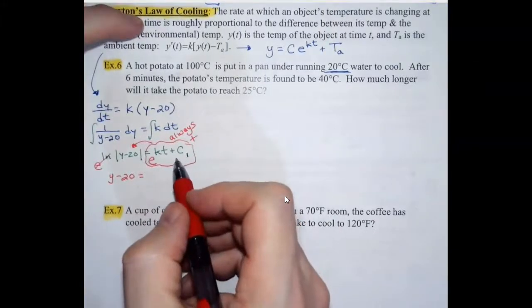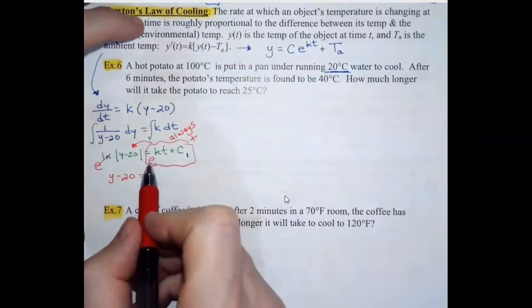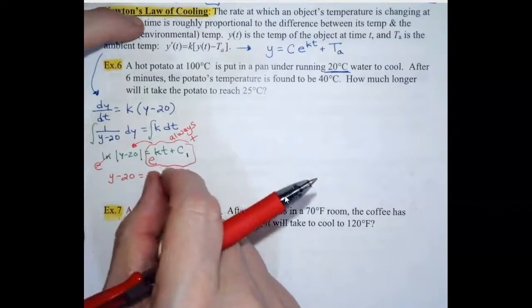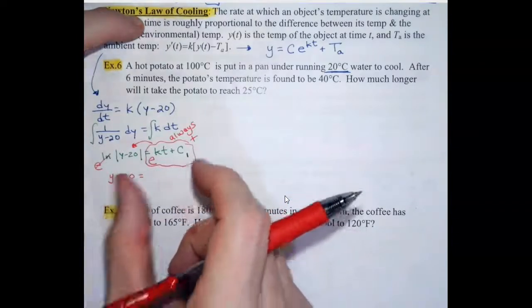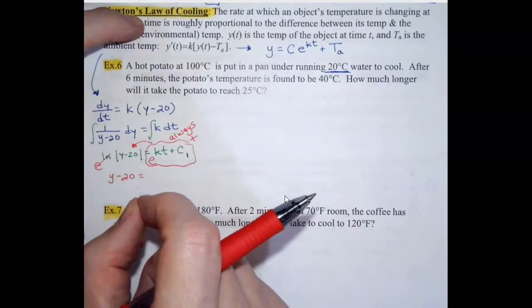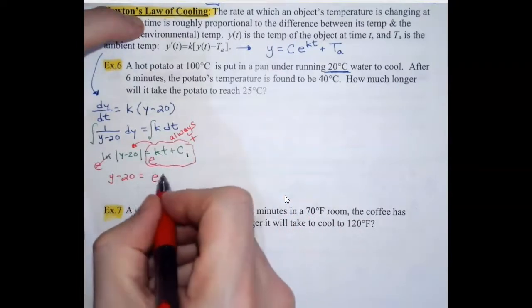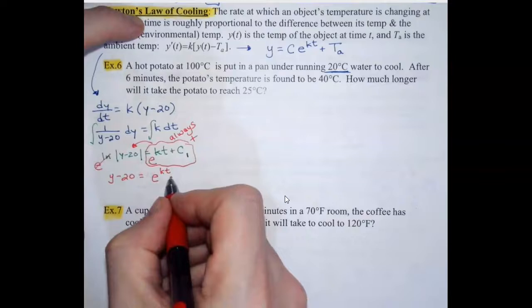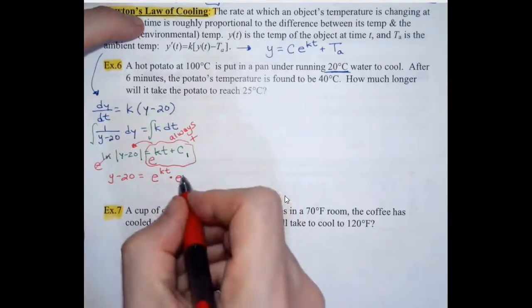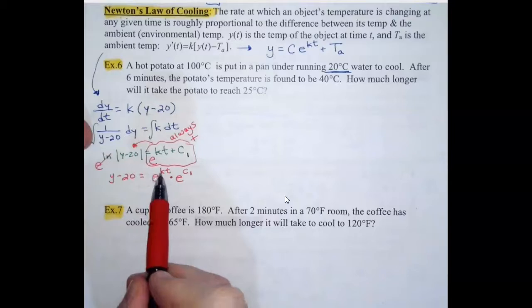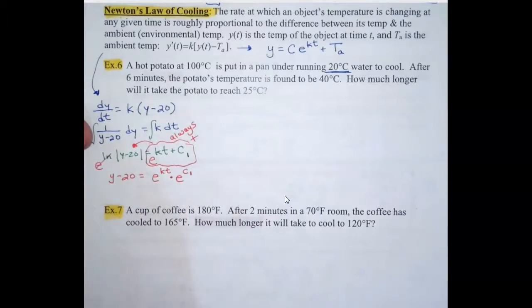Now there's a little trick here. If we have a base and we're adding the exponents, what we could have had before that was two things of the same base multiplied by each other. So let's say this is e to the kt times e to the c1, because if we multiply two things of the same base, we add the exponents.